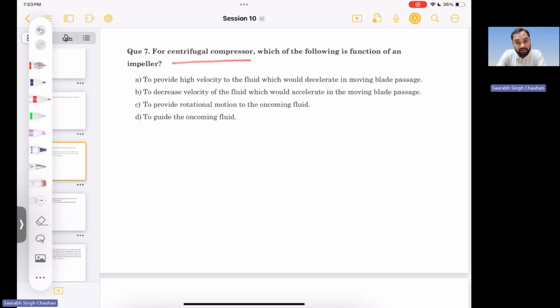Now this impeller is rotating, and it is increasing the kinetic energy of the fluid. That kinetic energy will later be converted into pressure energy. And the gaps between two impeller blades keep on increasing, so that basically deaccelerates the fluid.